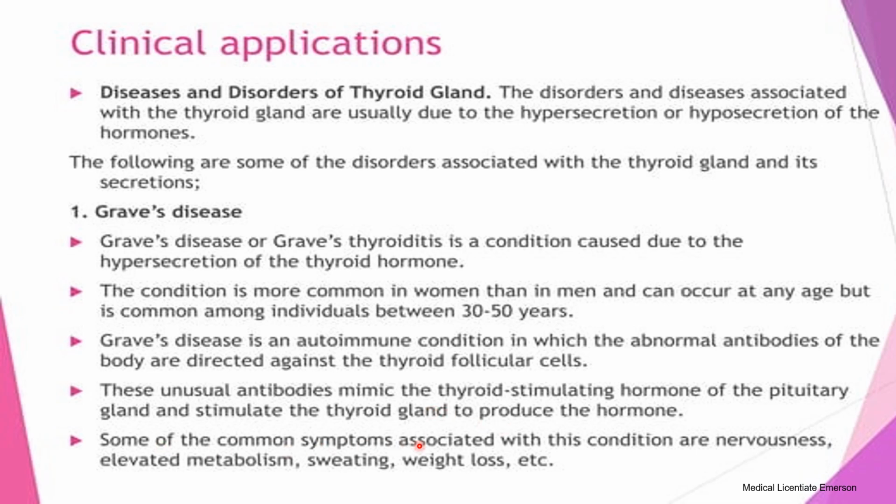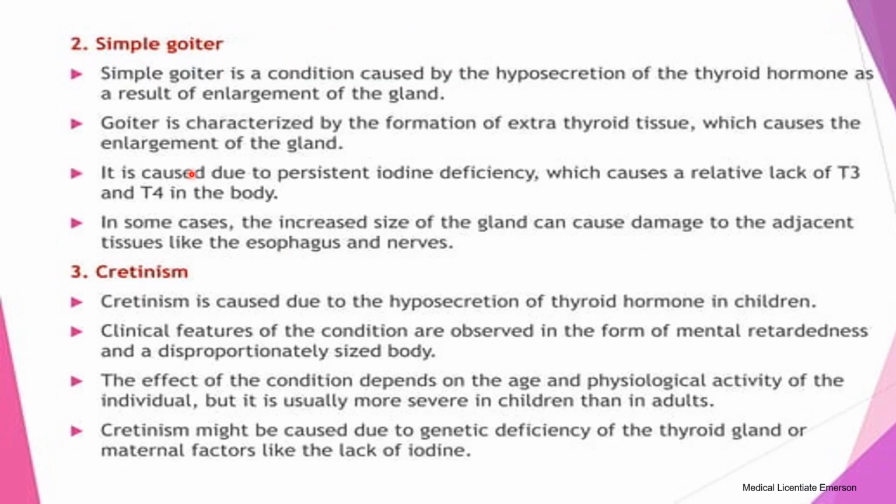Some of the common symptoms associated with this condition are nervousness, elevated metabolism, sweating, weight loss, etc. But apart from Graves' disease, we also have a simple goiter. A simple goiter is a condition caused by hyposecretion of the thyroid hormones as a result of enlargement of the gland.